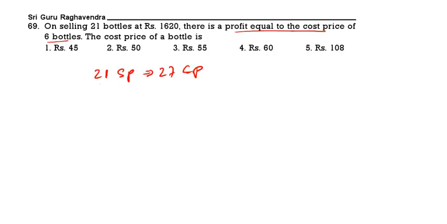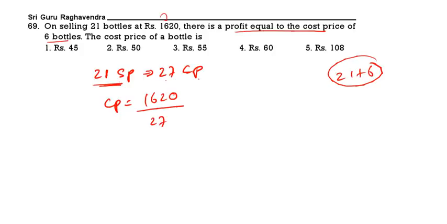So 21 bottles selling price is equal to 27 cost price. How did we get 27? 21 plus 6. Therefore, the 21 bottle selling price is 1620. 1620 by 27. If you do this, we are getting 60. 60 is the correct answer.